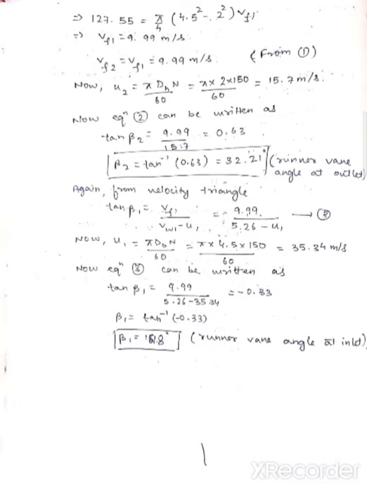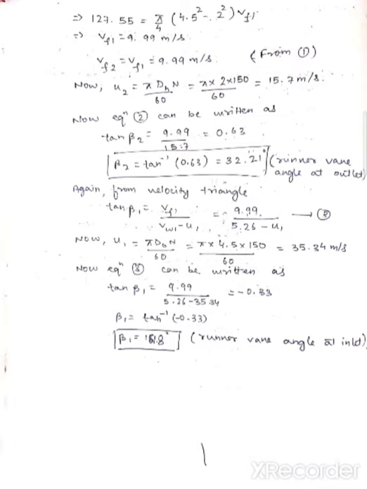In equation 3 we have been able to find out vf1, vw1 and u1, which is equal to 35.34 meter per second by the formula pi d naught n by 60. So tan of beta 1 will be equal to minus 0.33. So beta 1 will be tan inverse of minus 0.33, and beta 1 will be 161.8 degree. That is the runner vane angle at the inlet.